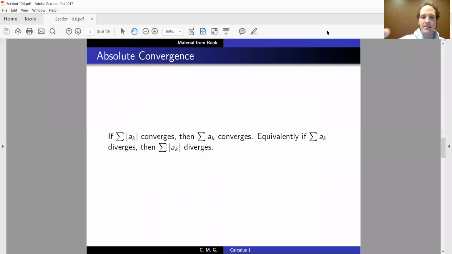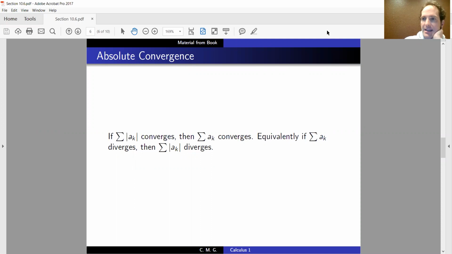So what's nice about this is that if I have something that is absolutely convergent, then the actual thing converges no matter what. So if I can show that the sum of the absolute values of all the terms converges, then I can state that the original one must also converge. On the other hand, if the sum of the sequence diverges, then the sum of the absolute values also has to diverge.